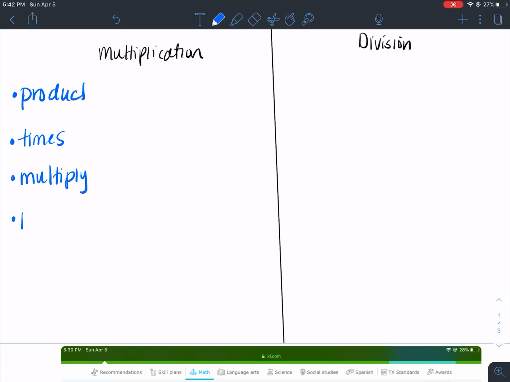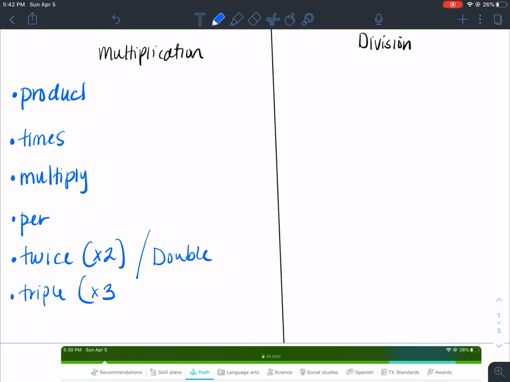Usually when you see the word per, so if I say there's this many per, I'm going to go ahead and multiply that. Very common words are twice, which means times 2, triple, which means times 3, or you can also have double, which also means times 2.